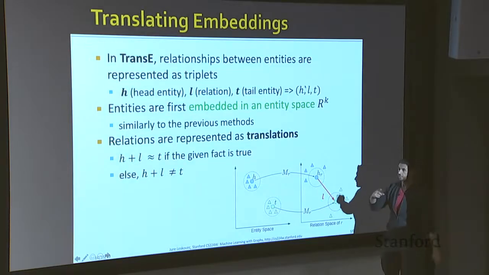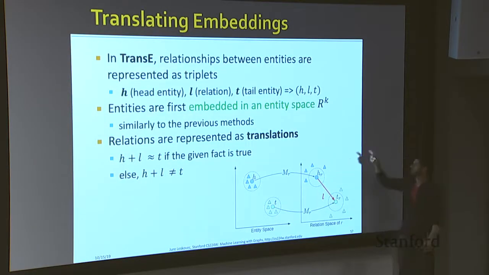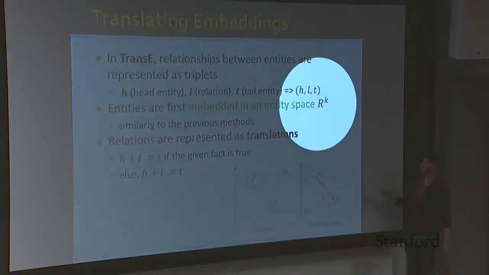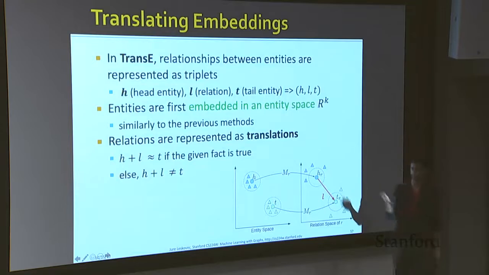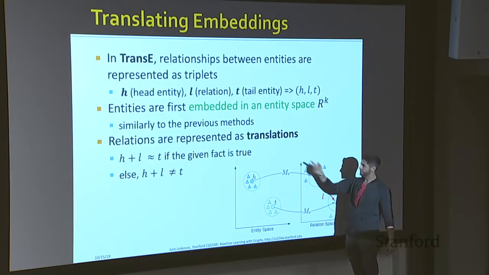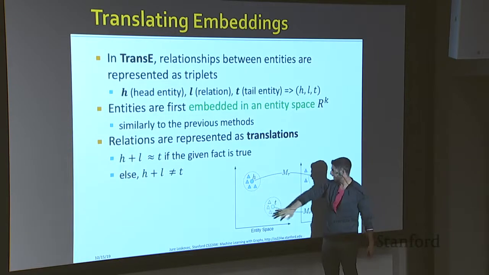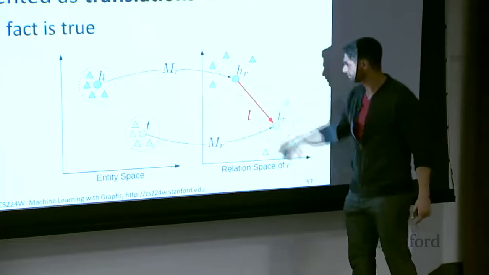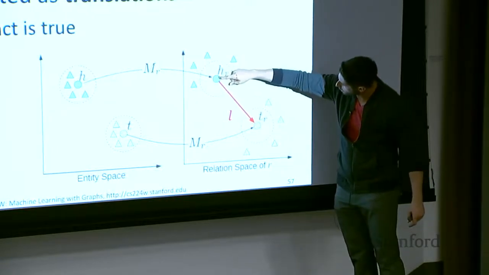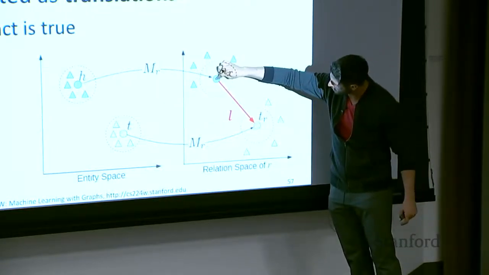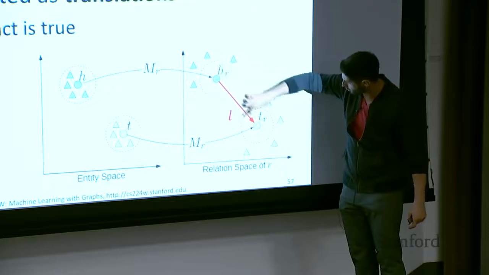And the first step in TransE is we take our entities and we embed them in an entity space of dimensionality k, okay? And this is similar to all the previous methods that we've seen today. You can use any way you like to do this embedding. And then the key difference is that these relations are represented as translations. So as we said, we go from this entity space, and once we have our mapping of the entities, when we apply a relation, we are basically translating or moving from one node to another.